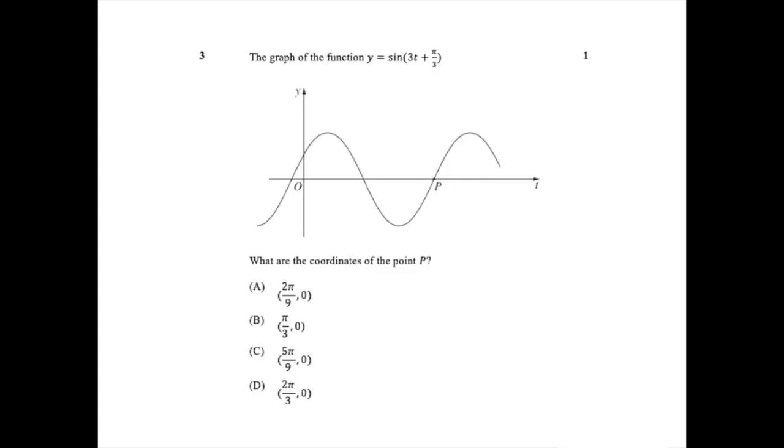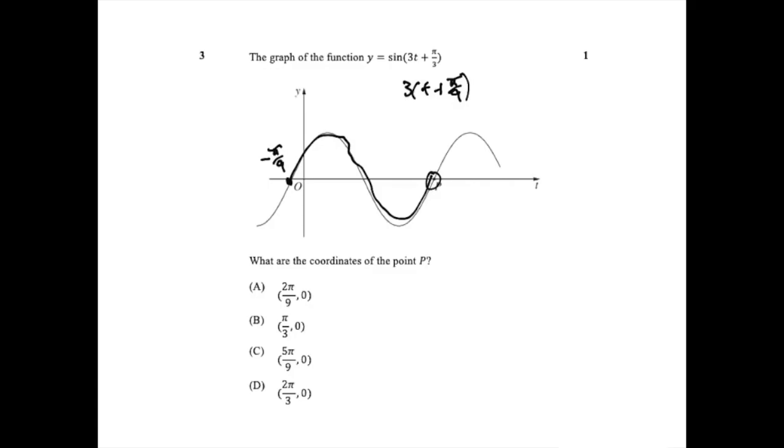Okay, question 3 here. The graph of the function y equals sine(3t plus pi over 3). What would be point P? Point P you could think about as the end of our first cycle. But the trick to this one is you want to get the correct phase shift, and to do that, you need to factorize this. This will be pi over 9, so this is actually negative pi over 9.